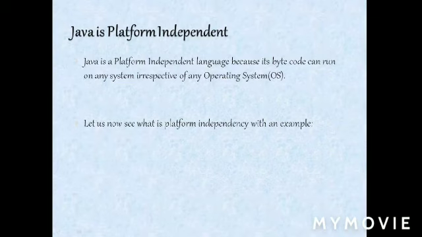So now, what is platform independence? For example, I have written a program in Java and I want that program to be executed on another platform, let's suppose a Linux platform. As Java is platform independent, I can execute that program on a Linux platform without any modification, or on an iOS platform without any modification, or any other platform.